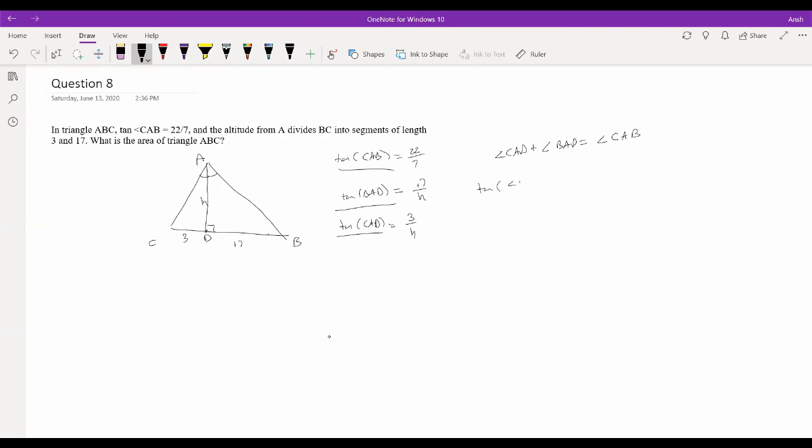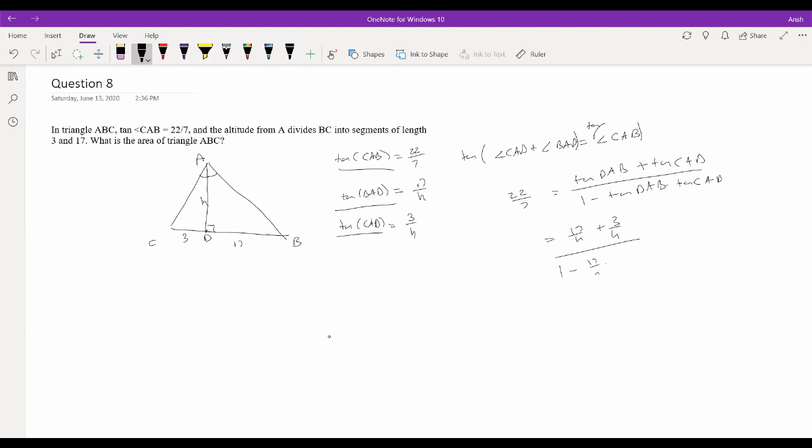So expanding this, we get 22/7 equals tangent of DAB plus tangent of CAD over 1 minus their product. So we get that 22/7 equals 17/h plus 3/h over 1 minus 17 times 3/h squared, which simplifies to 20/h over 1 minus 51/h squared. If you multiply both the numerator and the denominator by h squared, this becomes 20h over h squared minus 51.